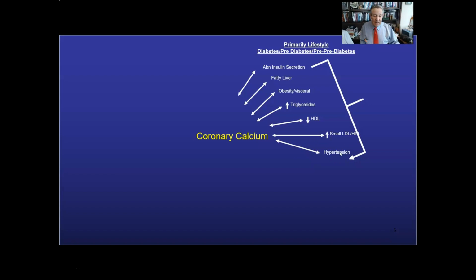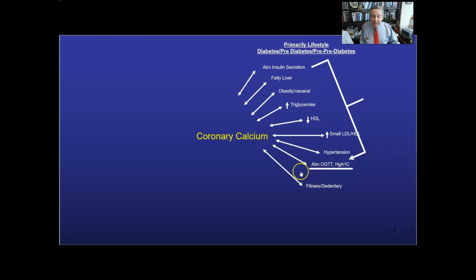The interesting thing that I've learned relatively recently is this all occurs before we have abnormal oral glucose tolerance or hemoglobin A1C. So we're getting sick years before our blood sugar parameters are abnormal.